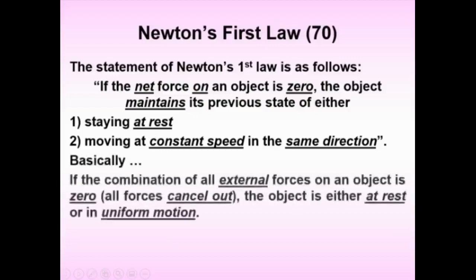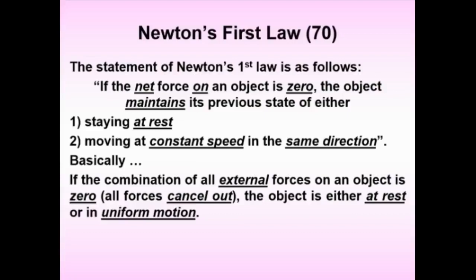In other words, if the combination of all external forces on an object is a perfect zero, which means all forces canceled each other out, the object is either at rest or in uniform motion. Remember, we did two kinds of motion in unit one.